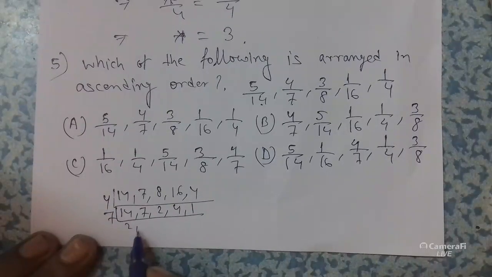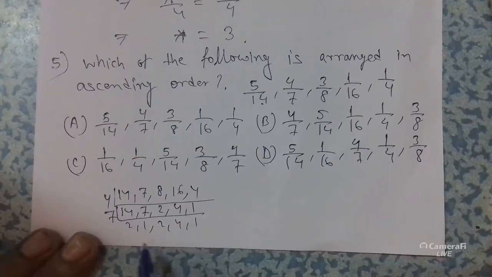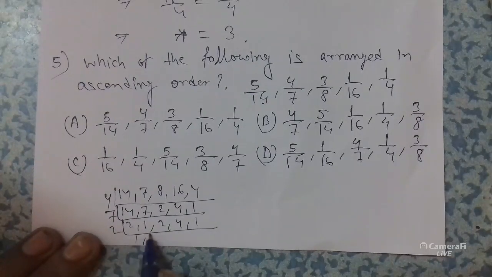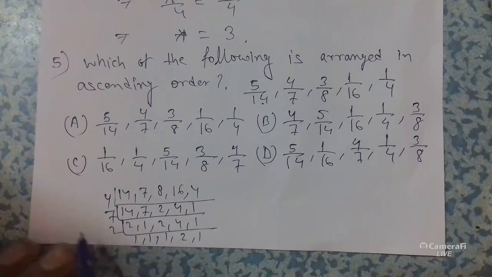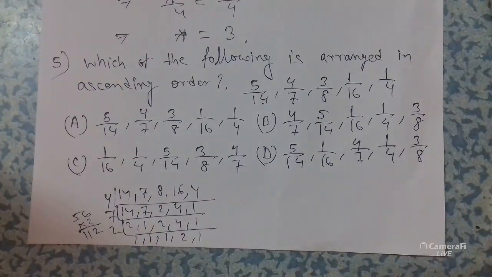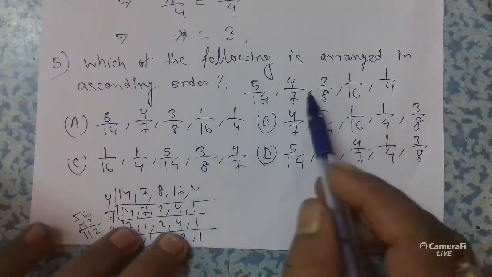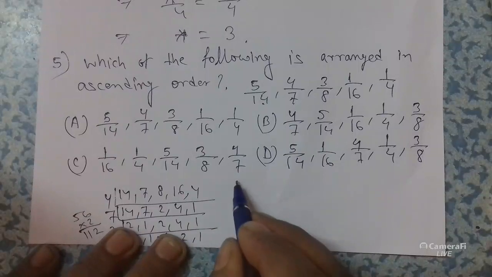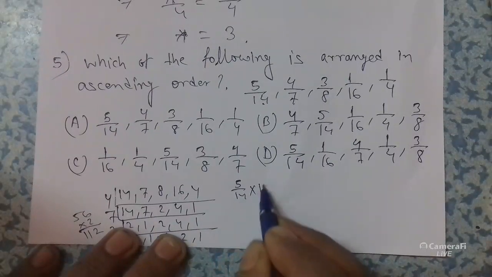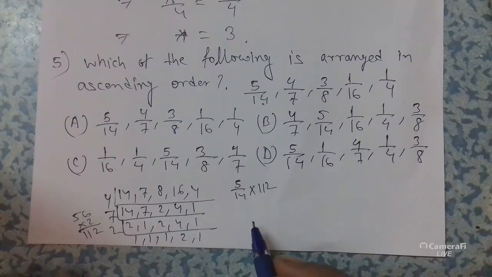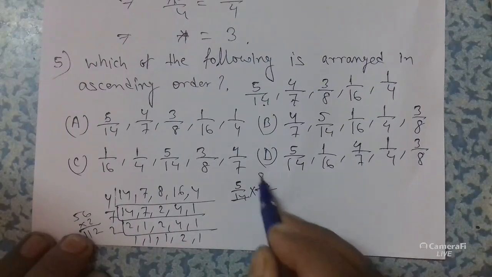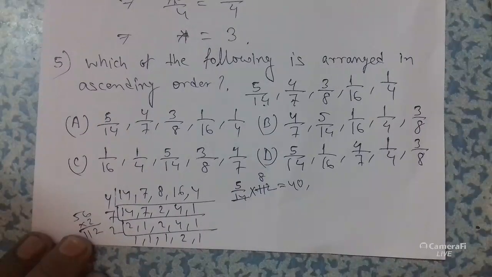Next 7, again 2, 112. So 112 is the LCM. Now we have to multiply all the given numbers by 112. So 5 by 14 into 112. So calculate it. It will be 8. So it is 40.